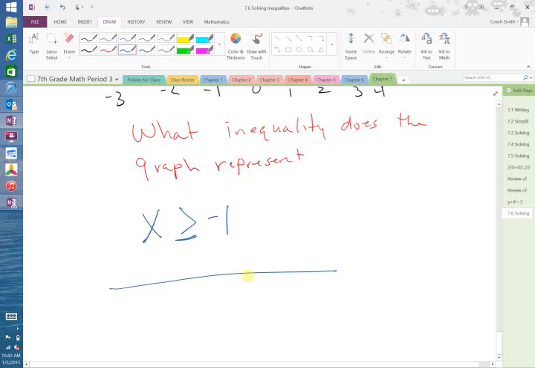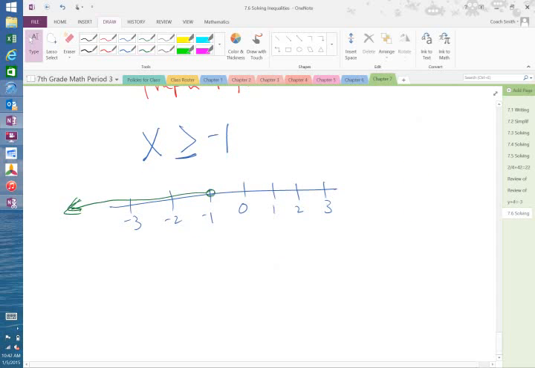Let's say they drew a number line, went negative 3, negative 2, negative 1, 0, 1, 2, 3, and they did this. Well, that's still going to be x. It's pointing to the left. The arrow goes left. So that means less than. And it's not filled in, so it's just less than negative 1.